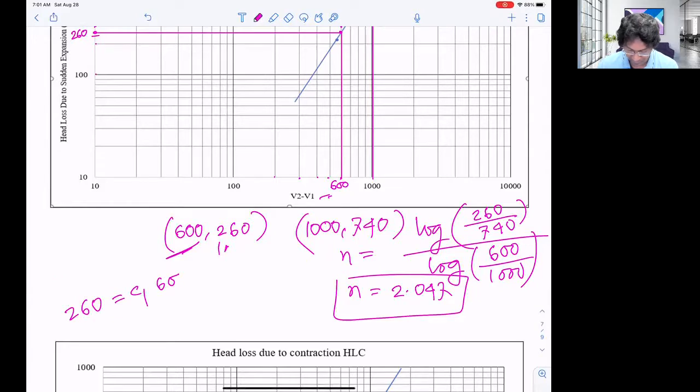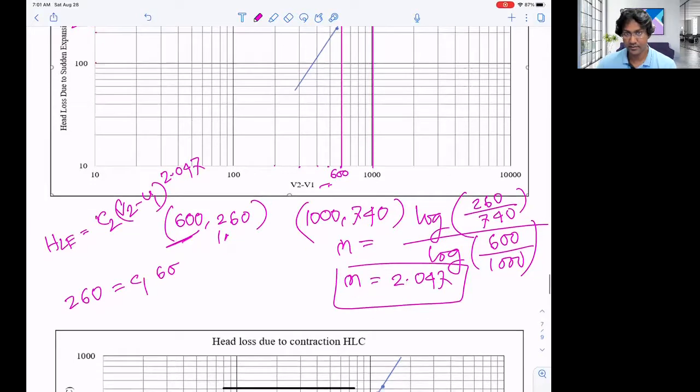We are using V2 minus V1, so HLE is equal to C2 (V2 minus V1) to the power 2.047. Okay, so we are just doing the second thing first. So 600, we have 600 to the power 2.047, it is C2.